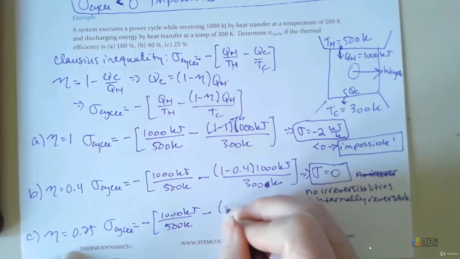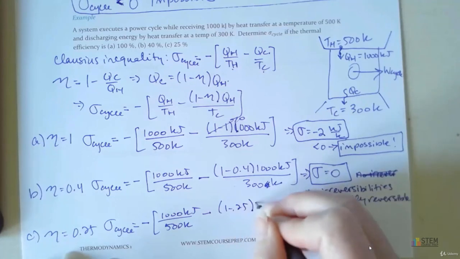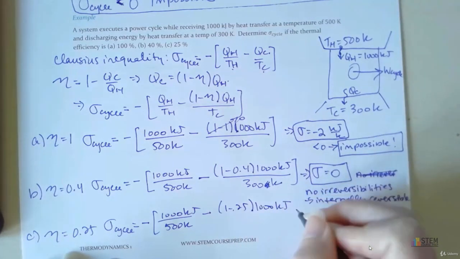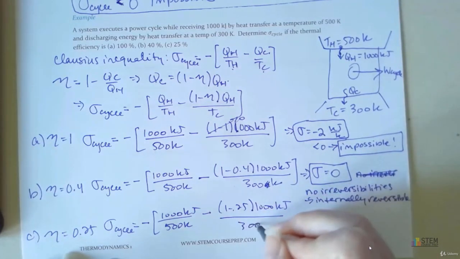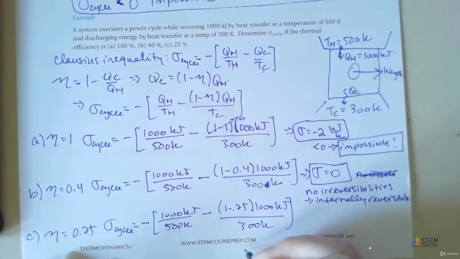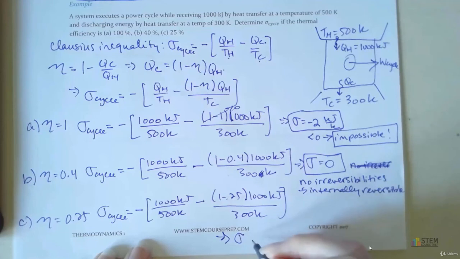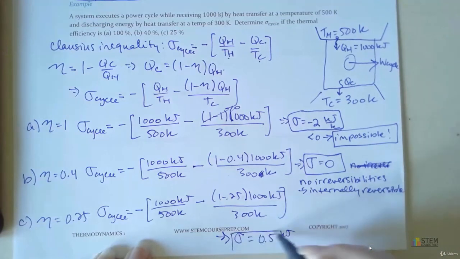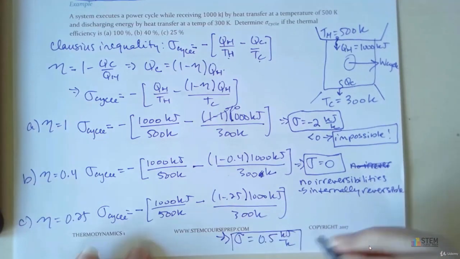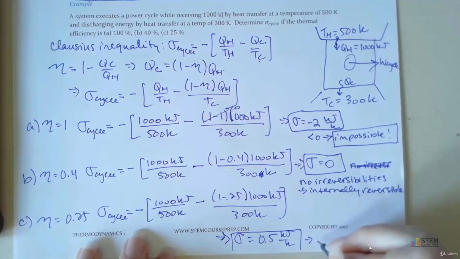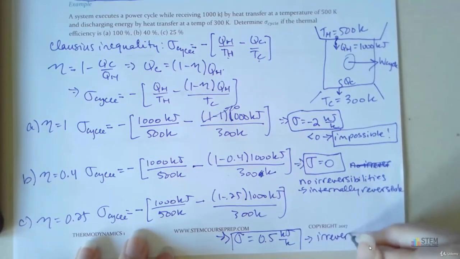We want to subtract 1 minus 0.25 times 1,000 kilojoules over 300 Kelvin. And for this one, if you do the calculations, you get 0.5 kilojoules per Kelvin. That's what you'll get for sigma. This is greater than 0, so this means we have irreversibilities.